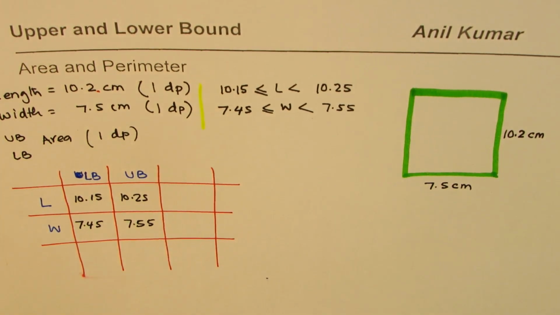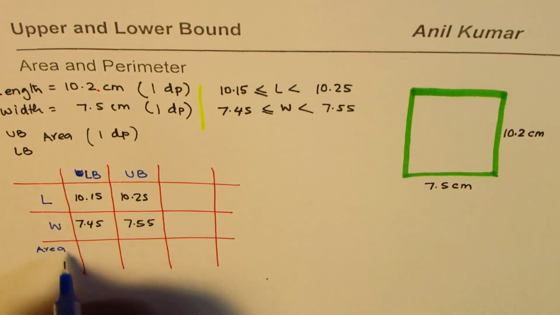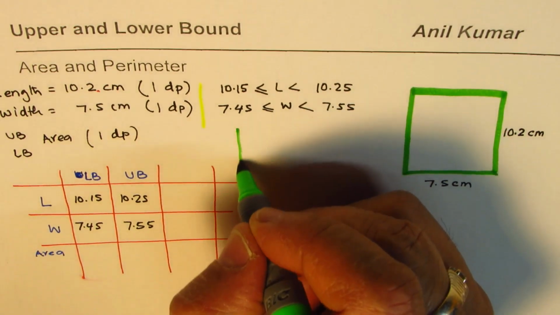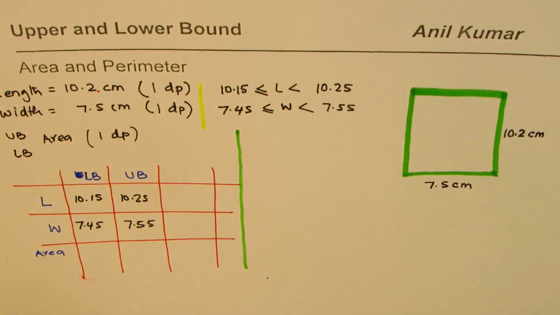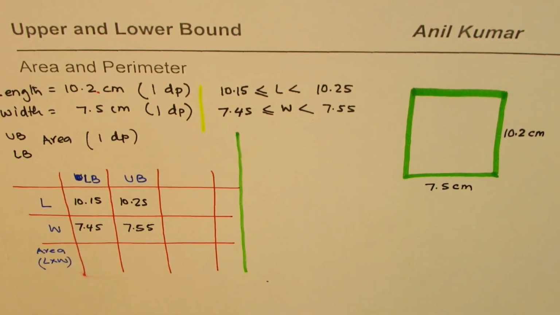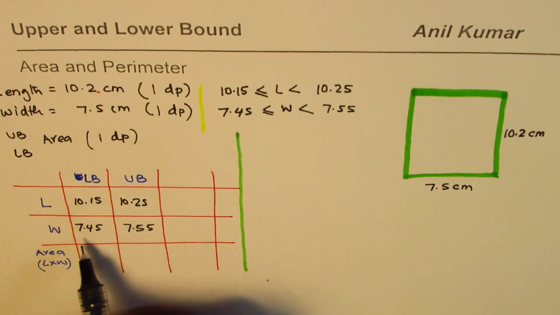Okay. Now, from these, we can always calculate the area, correct? So what is area? Area is the product of length and width, right? So area is equal to length times width. We'll write down area to 1 decimal place. Basically we just multiply these two quantities.